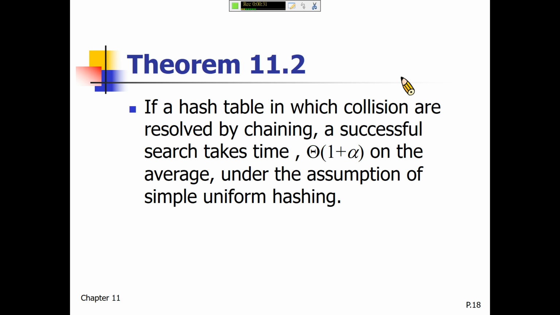So here's the statement of Theorem 11.2. In a hash table in which collisions are resolved by chaining, a successful search takes time Theta(1 + alpha) on average, under the assumption of simple uniform hashing.